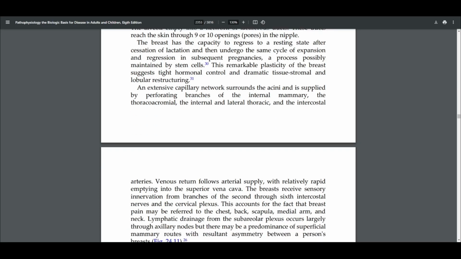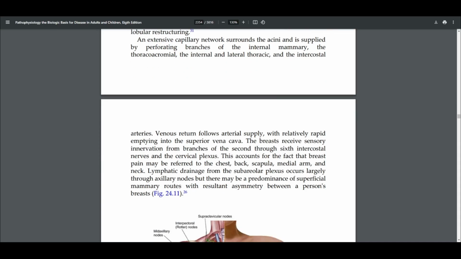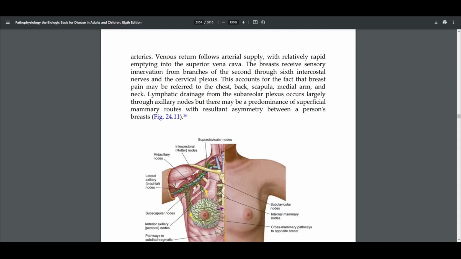An extensive capillary network surrounds the acini and is supplied by perforating branches of the internal mammary, the thoracoacromial, and the internal and lateral thoracic, and the intercostal arteries. Venous return follows arterial supply, with relatively rapid emptying into the superior vena cava.